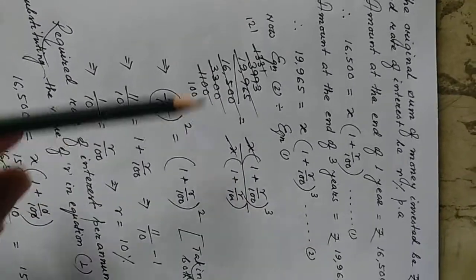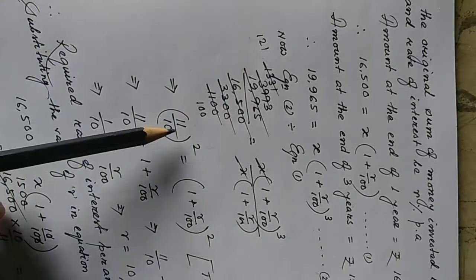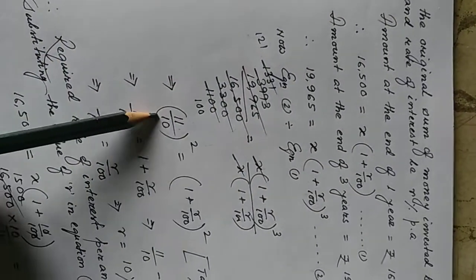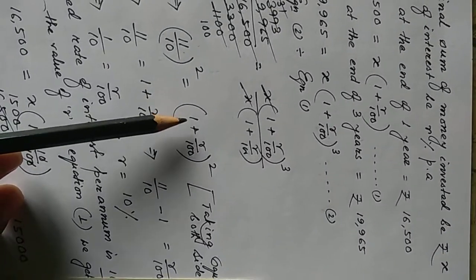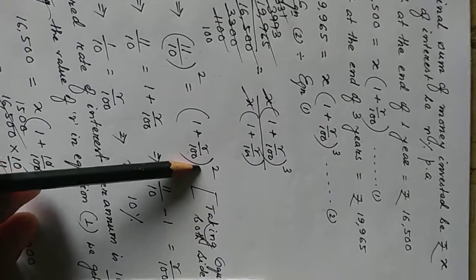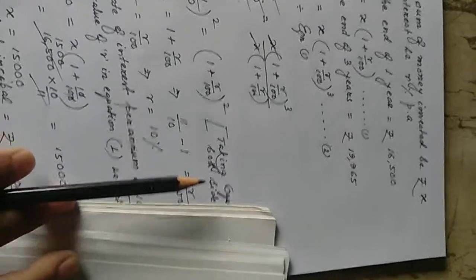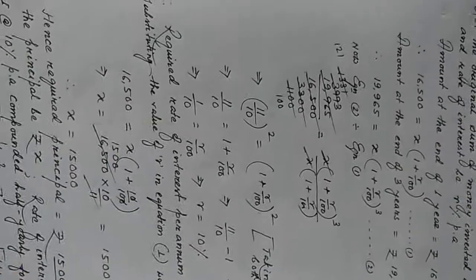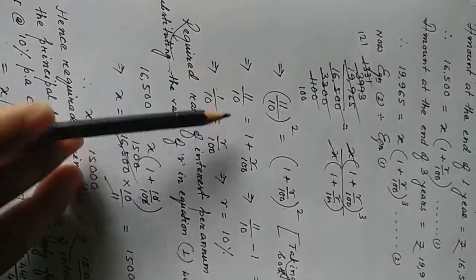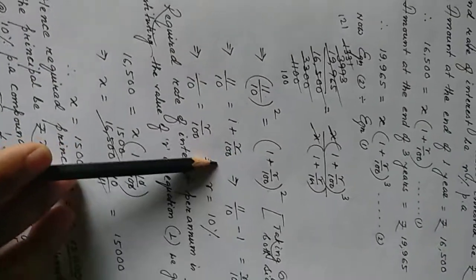And this one I write 121 as 11 square and 100 as 10 square, so (11 by 10) whole square equal to (1 plus R by 100) whole square, and then taking square root of both sides, we can write 11 by 10 equal to 1 plus R by 100.